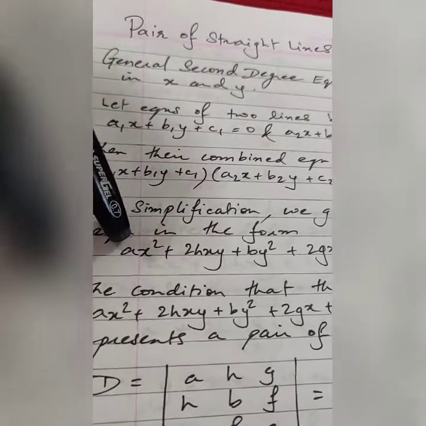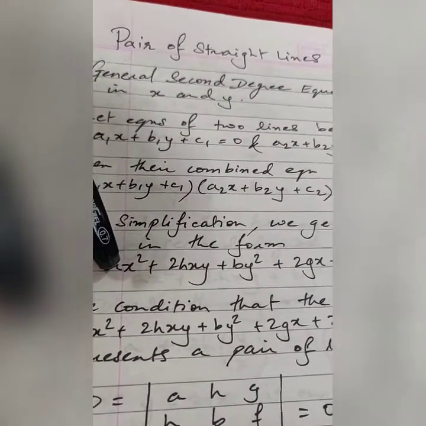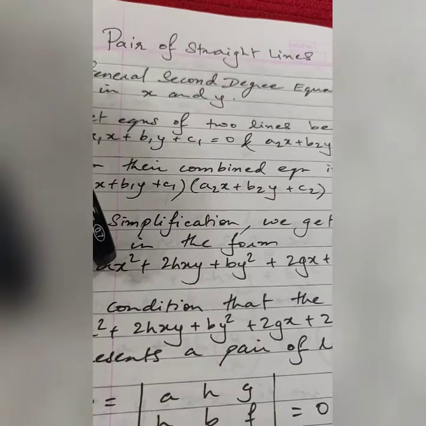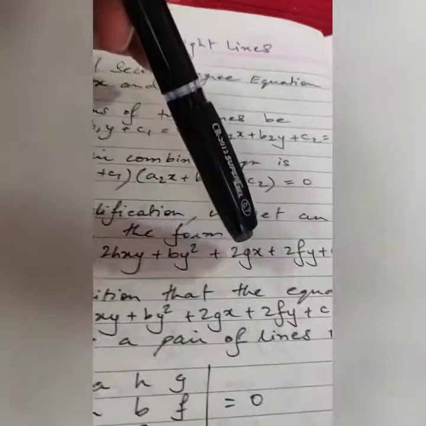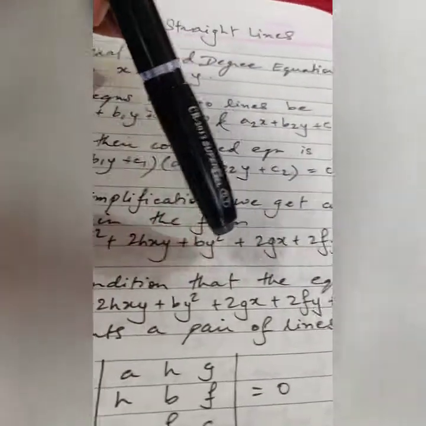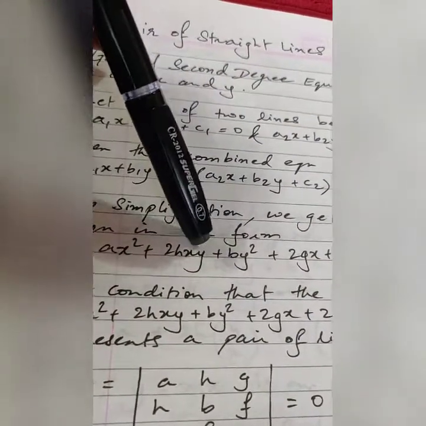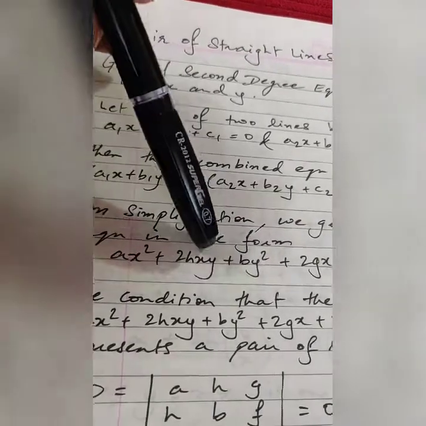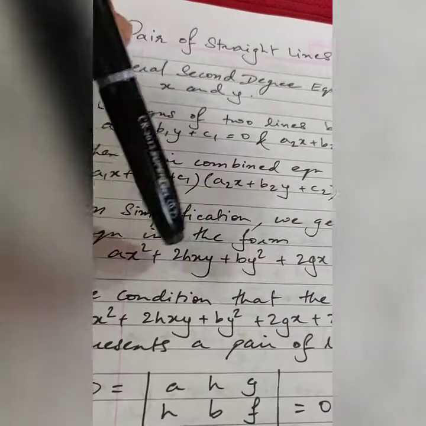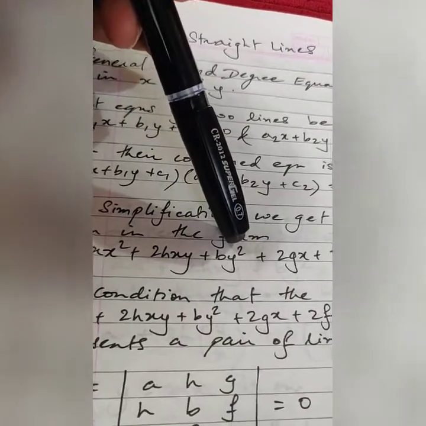What is the difference between this equation and a homogeneous equation of second degree in x and y? The homogeneous equation of second degree in x and y just has these three terms. It doesn't have these next three terms. A homogeneous second degree equation would have every term having power 2, right? 2, 1 plus 1, 2, and this is again 2.